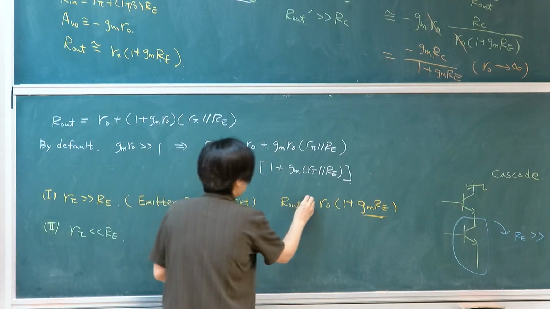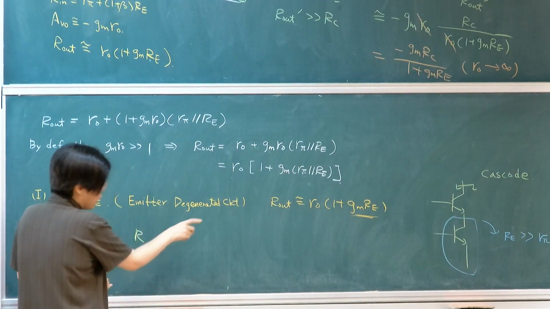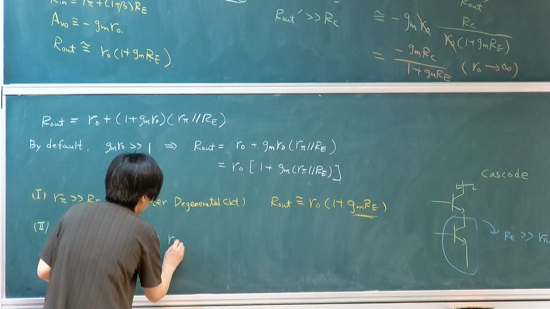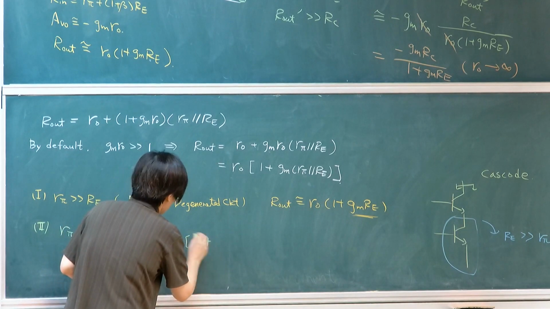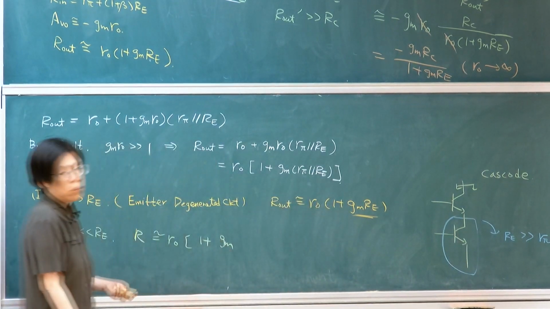I'm using the approximation. So your R out, in a structure like a cascading structure, will be more like RO times (1 plus GM R pi), because you don't see the RE as it's much, much larger.